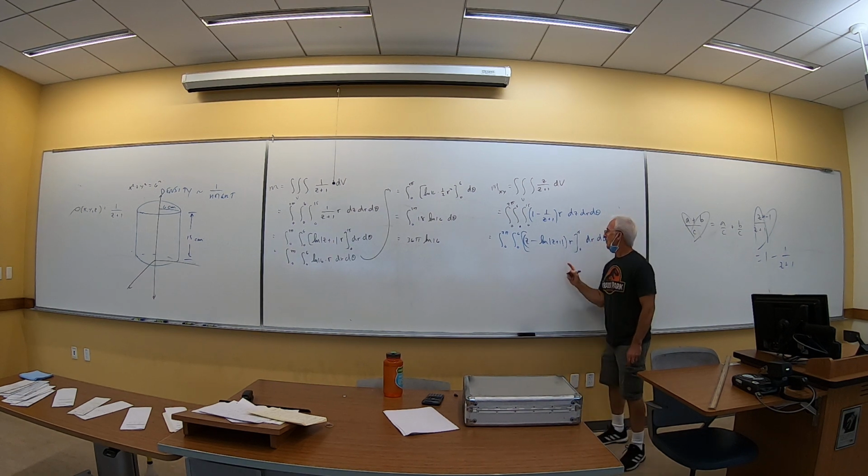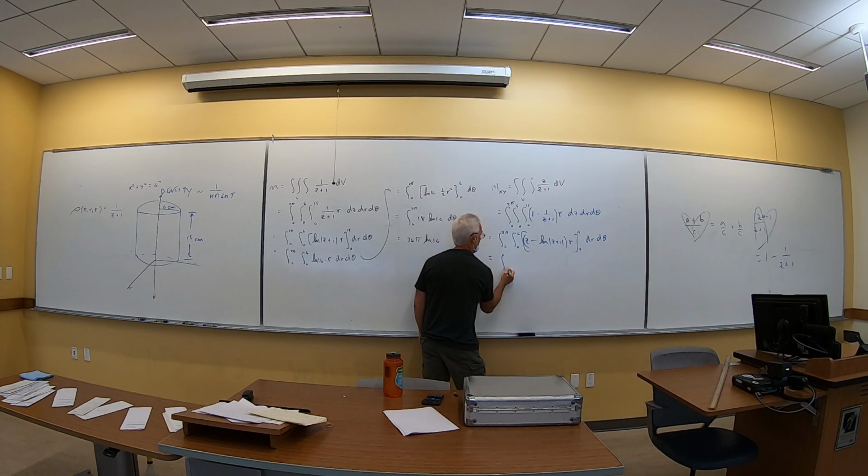All right. When I evaluate this at 15, what am I going to get? We get 15 minus log 16. Then when I evaluate it at 0, I'm going to get 0 minus log 1, which is 0. So I'm just going to get 15 minus log 16.